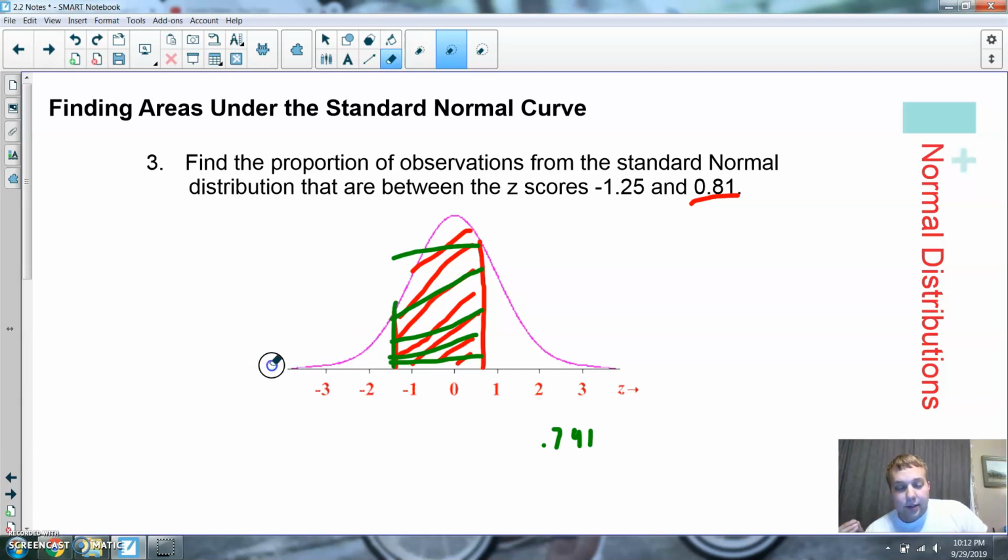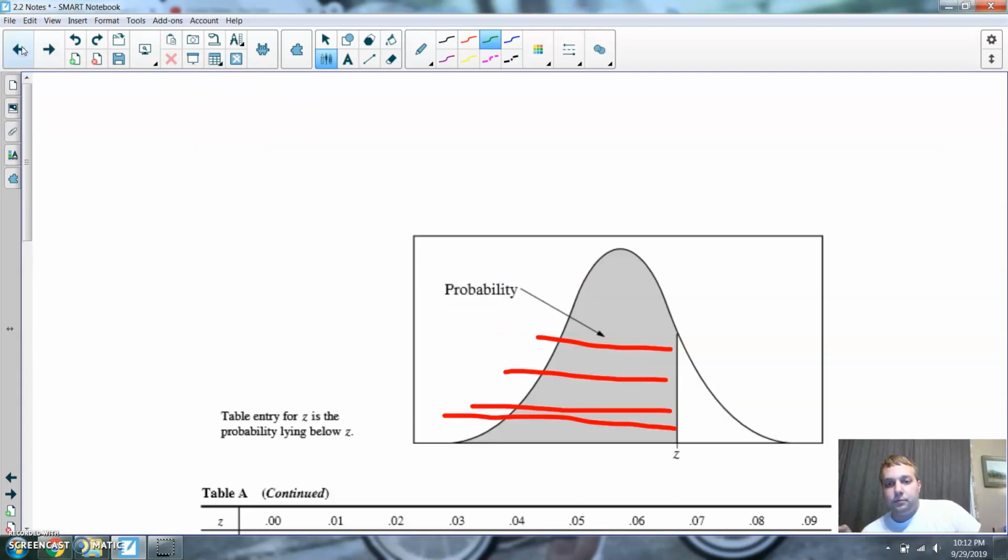So here's the deal, guys. Just like range, you take your high minus your low. It's the same thing here. I want this range in between here. So I'm going to take my high, which is 0.791, and minus my low. So z-score of negative 1.25.